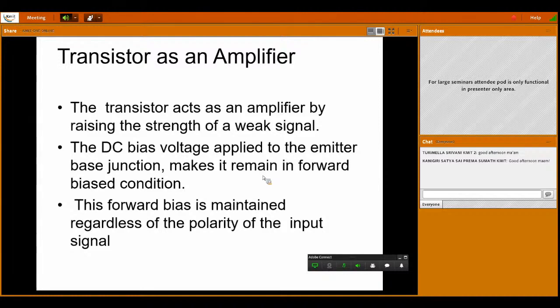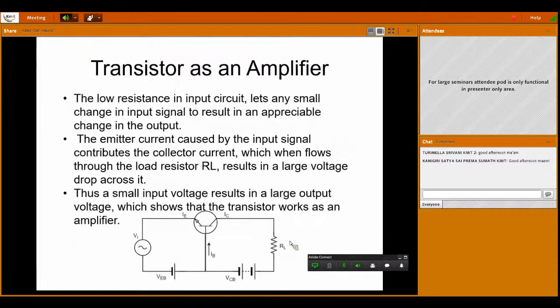What are the parameters that you can calculate from the characteristics of an amplifier? The circuit in this slide shows the common base configuration amplifier, simply called a common base amplifier, since the base is common from input to output and I apply the AC signal.